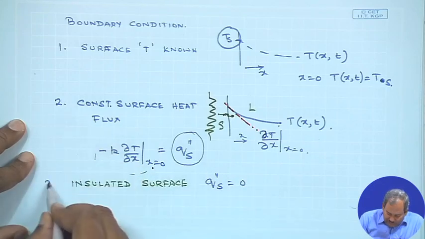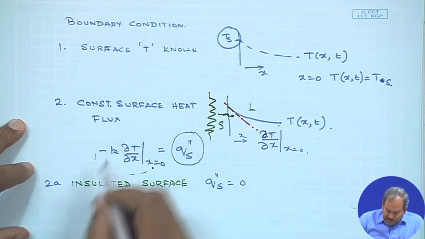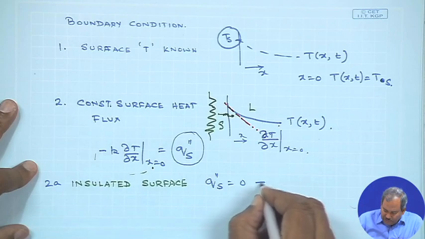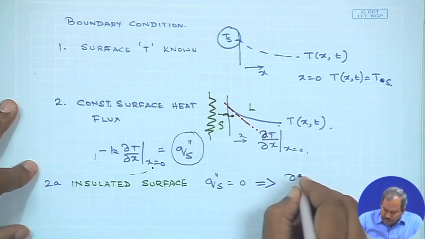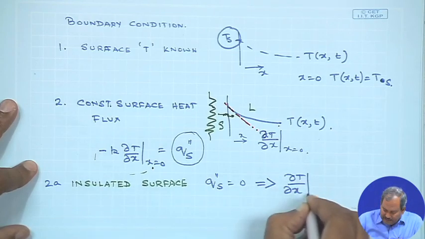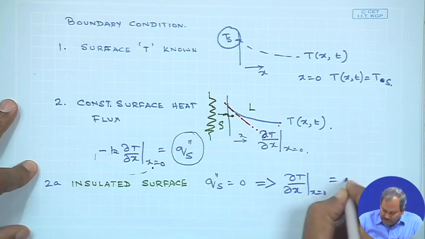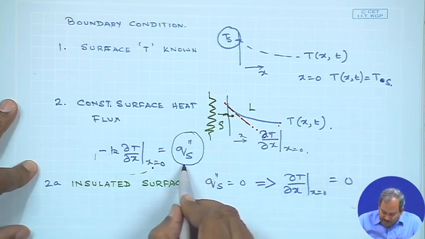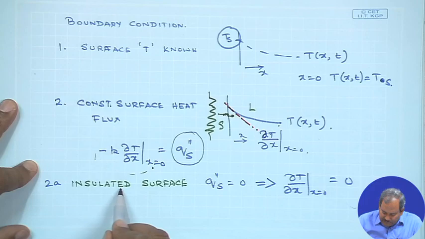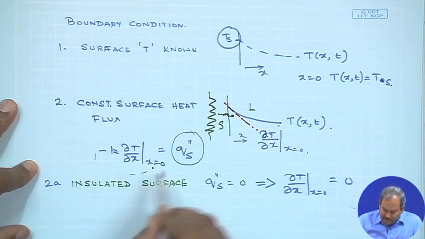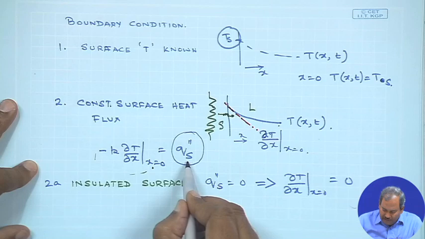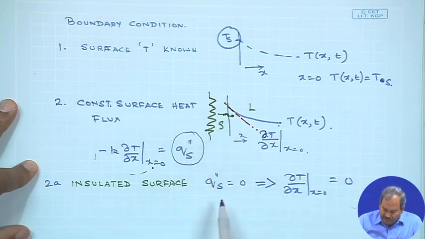So, I call it 2a. It is a special case of this. This would give rise to del T by del x at x equals 0 being 0. So, if by some means you could insulate a surface perfectly, which is an idealized condition, then no heat can cross this interface, q s double prime is 0.